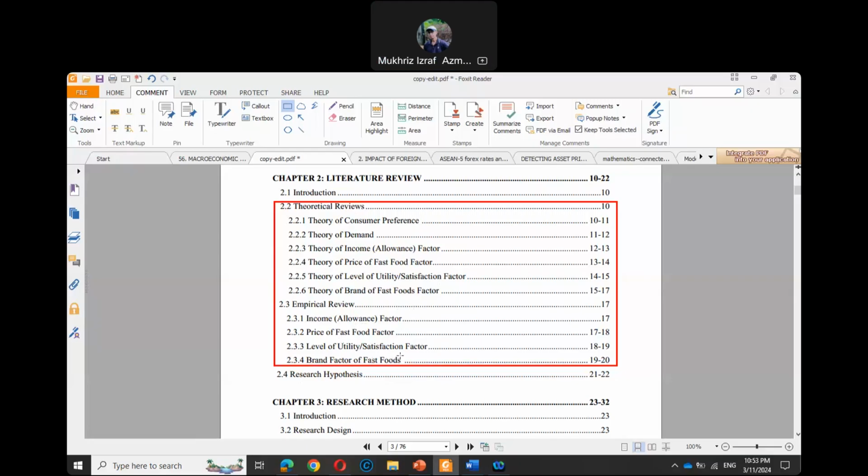You put together or summarize them under subheadings, so that when you go through chapter number 2, you can distinguish which authors discuss the income factor, for example, the price factor and so on, depending on what factors you decide to include in your questionnaire later on.